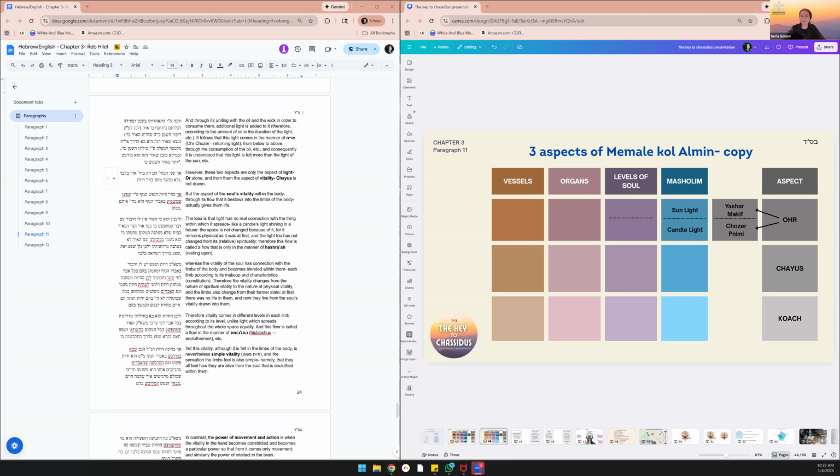Yoni, do you want to just say that again? They don't animate the body, the physicality. They only are resting on it. Like, even though the light of a candle unites with physicality, it still shines. It just gives light.